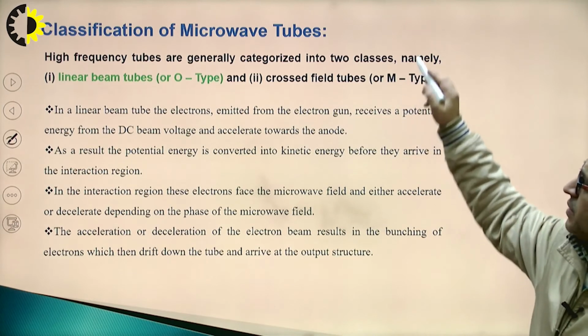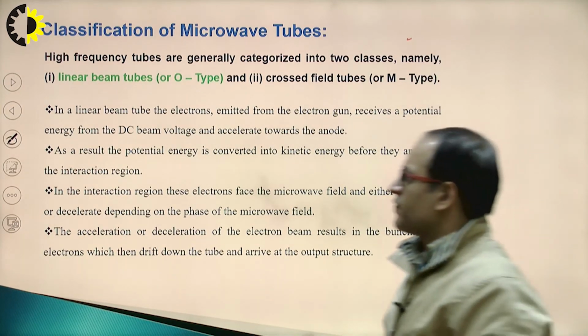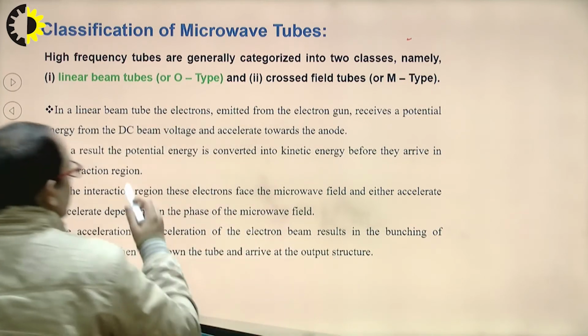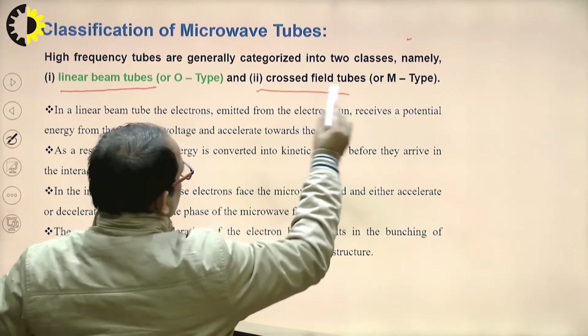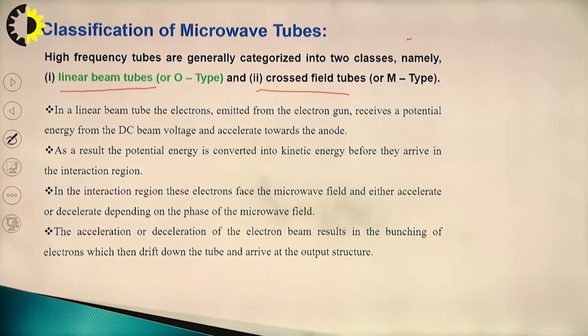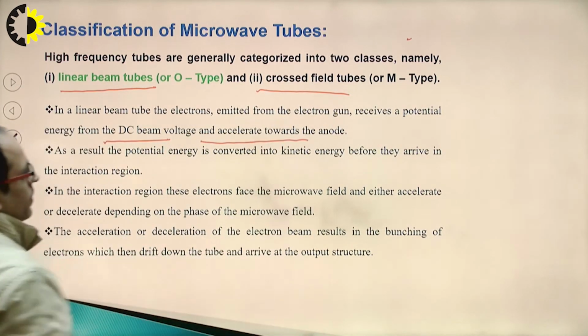Now we will discuss the classification of microwave tubes. This classification is generally categorized into two classes, that is linear beam tubes and cross field tubes. In the linear beam tubes, the electron emitted receives potential energy from the DC beam voltage and accelerates towards the anode.